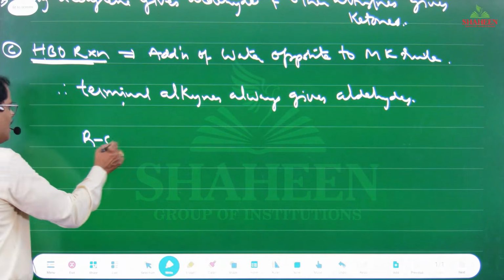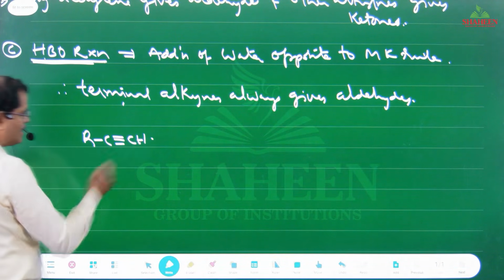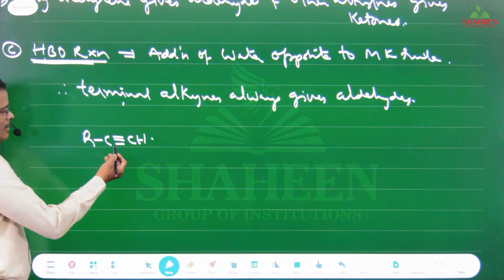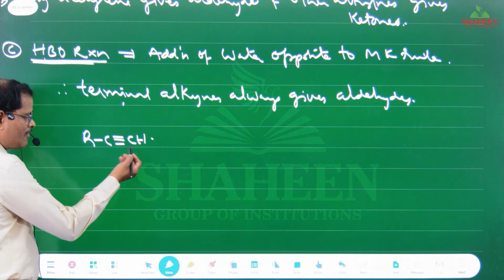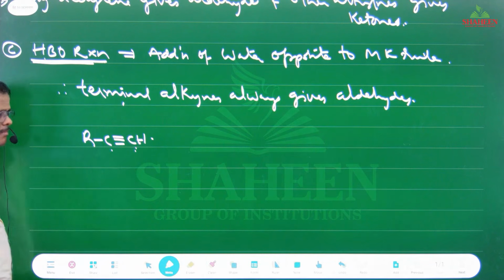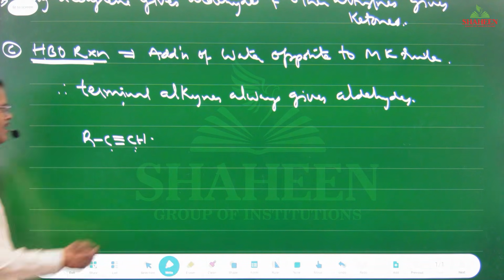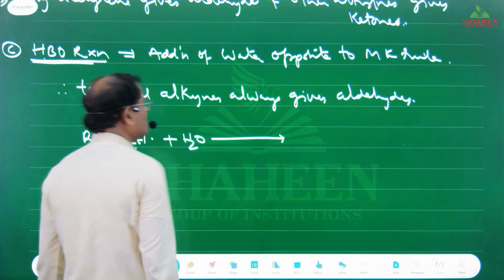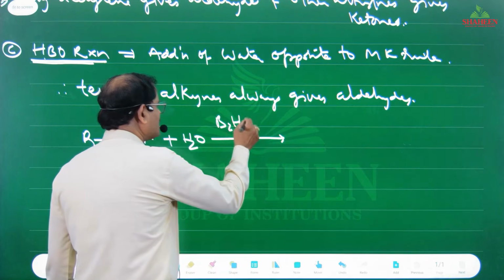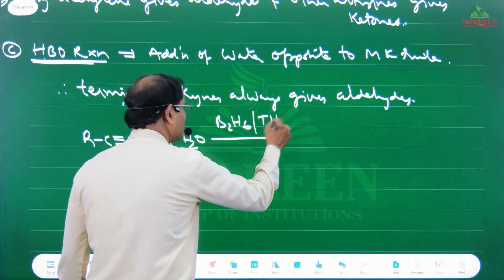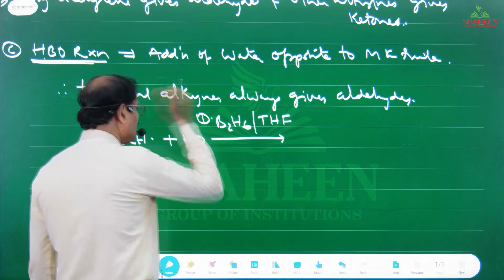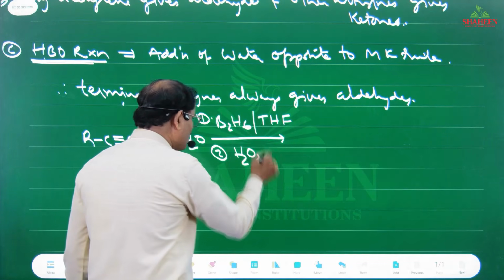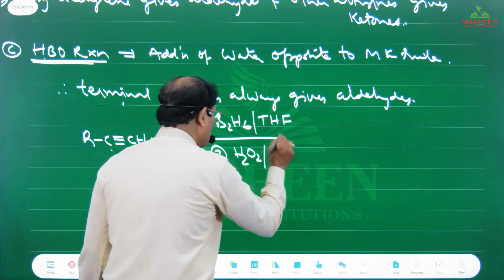For example, R C triple bond CH, a terminal alkyne. Terminal alkyne means the triple bond is between carbon atoms 1 and 2. And here also addition of water happens, in the presence of B2H6 in THF in the first step, and in the second step hydrogen peroxide in the presence of OH minus.